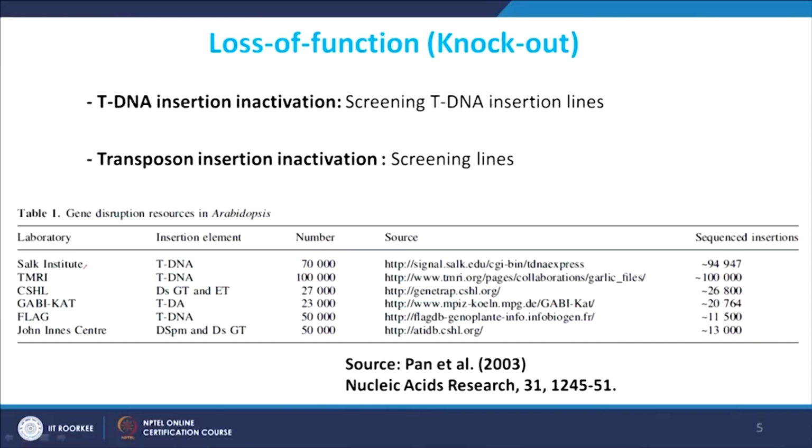As I said, initially people worked at a very global level and generated a large number of tDNA insertion lines or transposon insertion lines, and those lines have been deposited to databases. Many laboratories and projects have generated large numbers of these lines, and all these mutants have been preserved. You can choose any of the mutants, request or order them, and you will directly get those mutants for your detailed functional analysis.